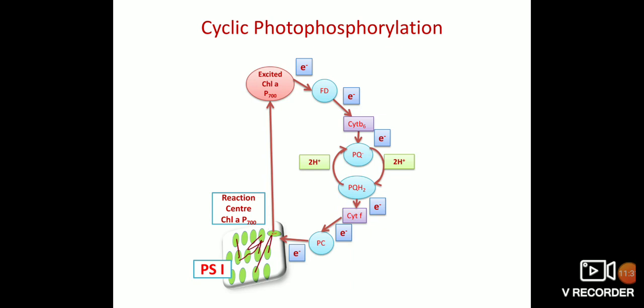So in cyclic photophosphorylation, the electron which is liberated from the chlorophyll A P700 molecule is transferred through various electron carriers, and ultimately again it reaches the same chlorophyll A molecule.